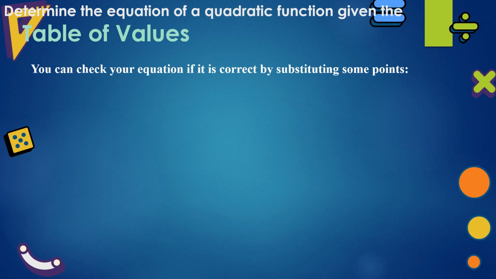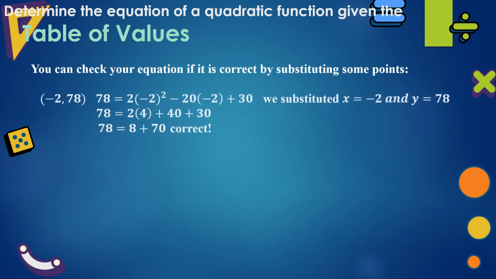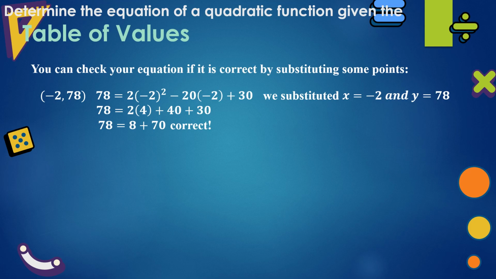You can check the equation if it is correct by substituting some points, like (-2, 78). Substitute negative 2 to x and 78 to y. The square of negative 2 is 4. 4 times 2 is 8.